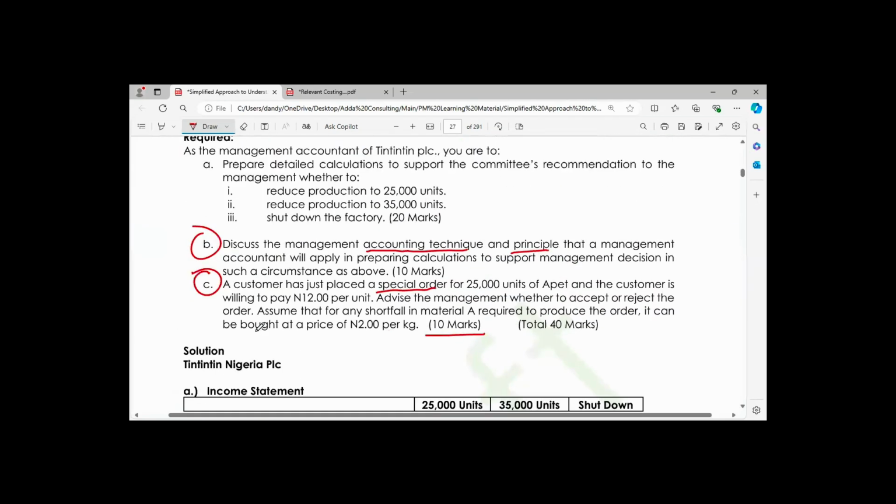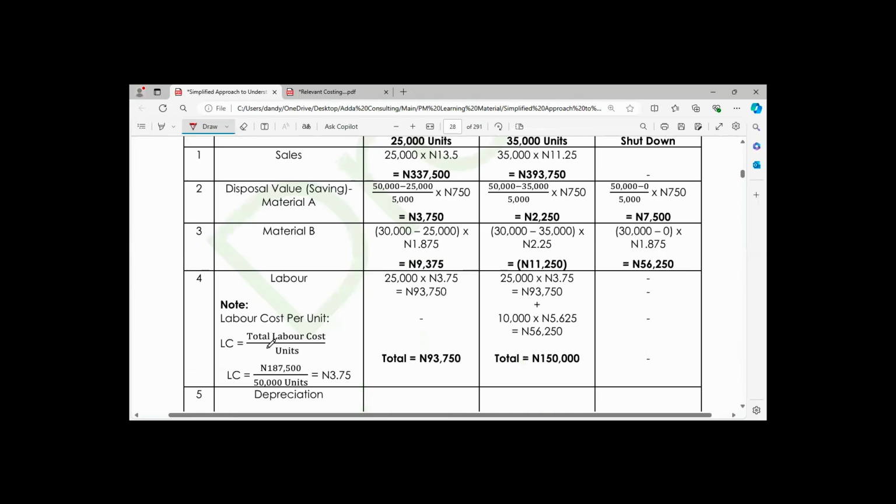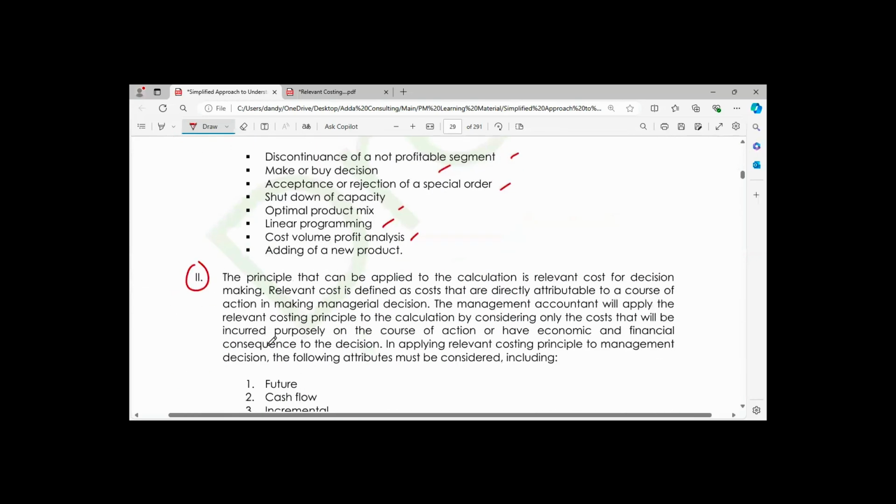In this number C, you are told that a customer has just placed a special order for 25,000 units of Apex and the customer is willing to pay 12 naira. So to get the sales value from the special order, you multiply 25,000 units by 12 naira. That's what I've done here. Let's go back there.